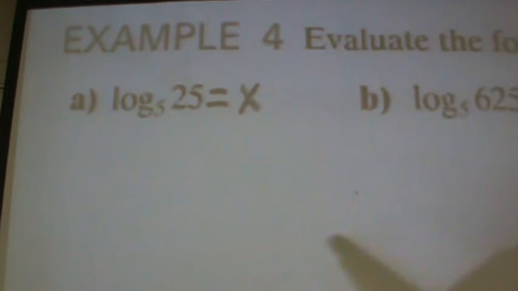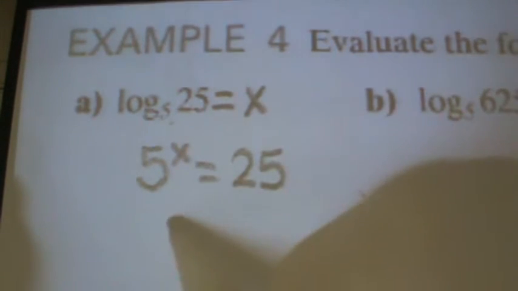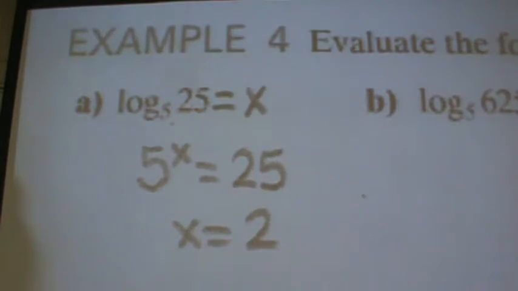How would you do this then? How would you rewrite this? Go ahead, Jasmine. 5 to the x power equals 25. And what is that answer? 2. Yep. How about B?